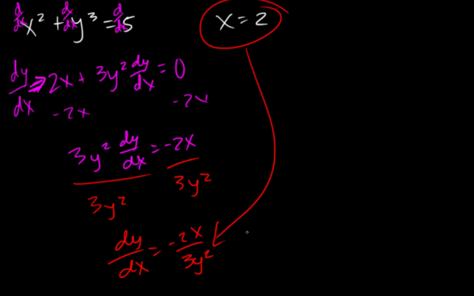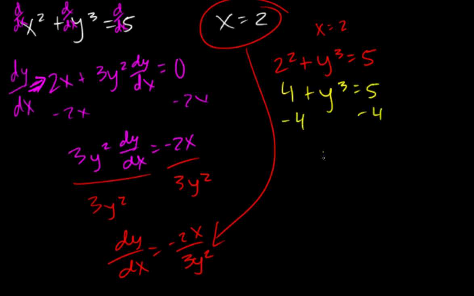If we, let's see, so when x equals 2, if we're looking at the original, we get 2 squared plus y cubed equals 5, because we want to find what the y value is at that same point.